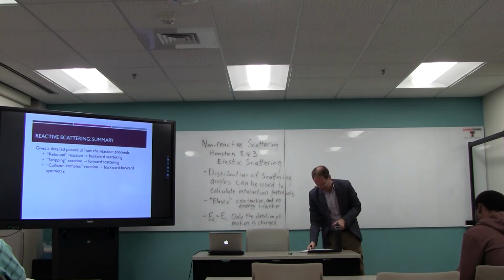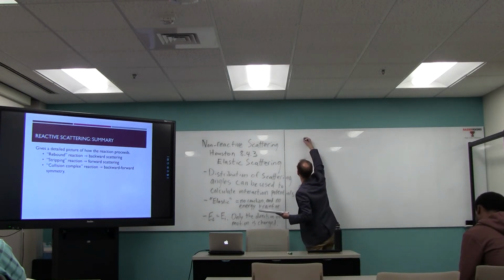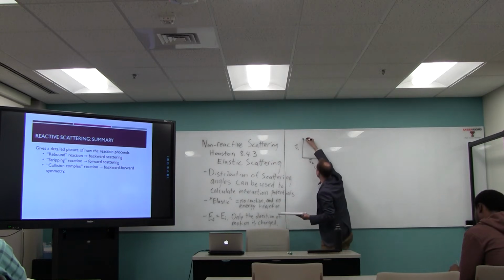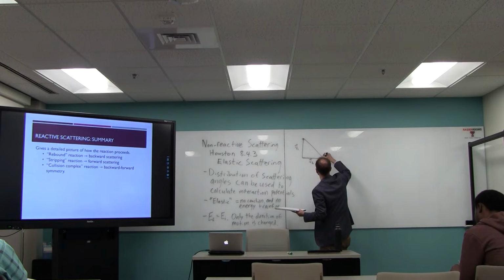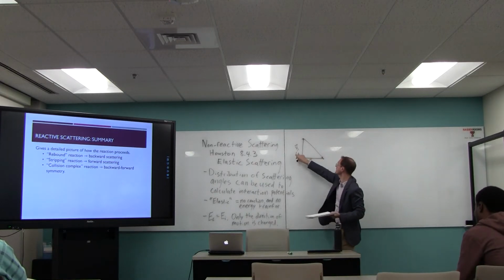Okay? And so if we look at the Newton diagram, if we have two particles, one in the lab frame with velocity v1, second one with a lab frame velocity v2, then as we discussed, the relative velocity is just v2 minus v1, right?